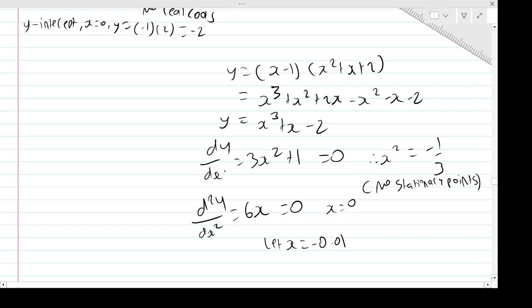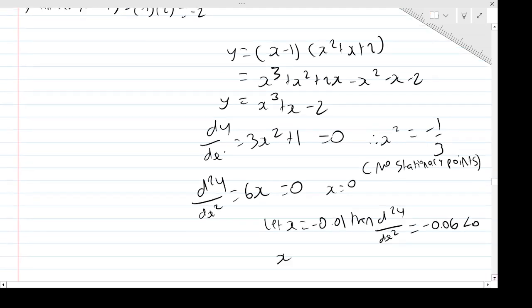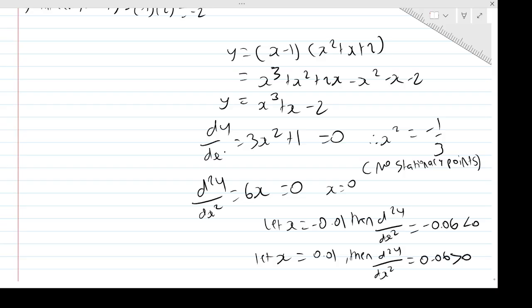Let's go a bit before 0. Then my second derivative, which is 6x, is going to be minus 0.06, and that's going to be negative. Then if x is, let's say, positive 0.01, so a bit after 0, then the second derivative is actually positive 0.06, and that's positive.